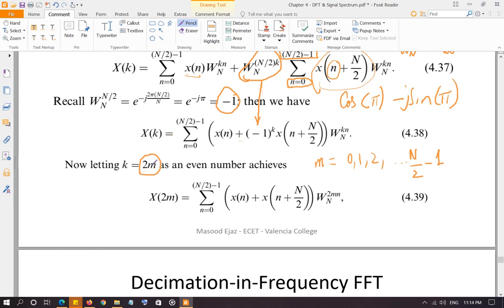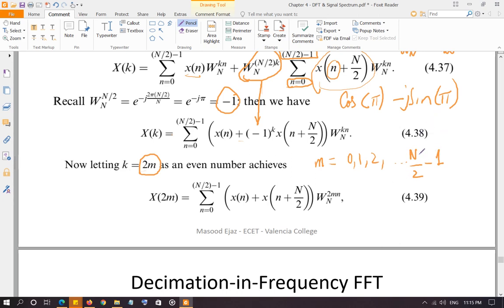So if I say k is 2m, that means I'm evaluating the even number component, because if my m is 0, that's going to be x of 0, m is 1, it's going to be x of 2, m is 2, x of 4, and remember N is the total number of terms, which is a power of 2.